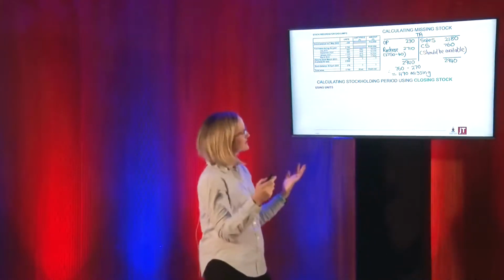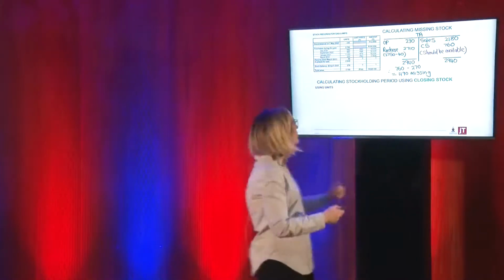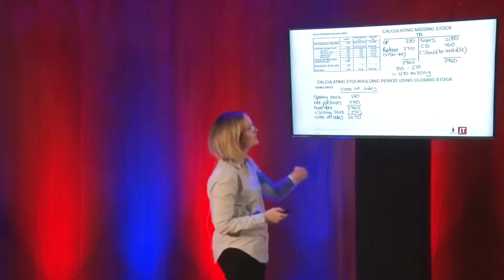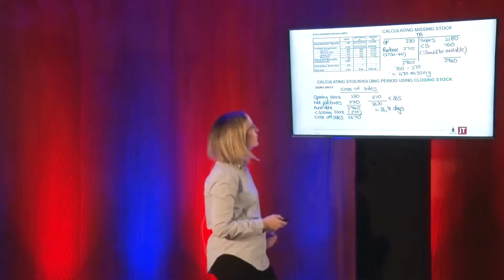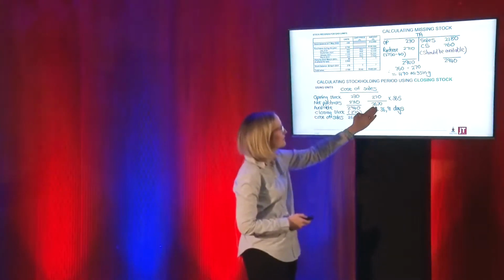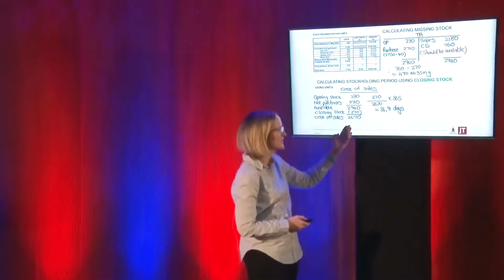So for this answer, you can use different methods. We can use the units. If we use the units and we look at the cost of sales, we take the closing stock balance and divide it by the cost of sales, which we've just calculated.